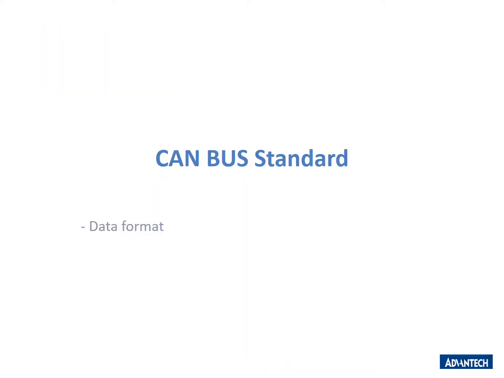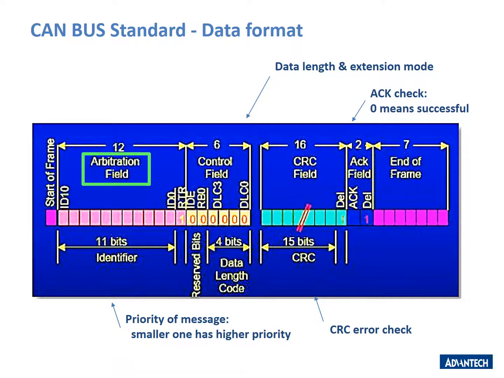Now, we will explain the data format in the CAN bus standard. The format of a CAN bus packet consists of 5 main fields. In the arbitration field, the first bit marks the start of a message. The arbitration field helps to assign a priority among the devices.